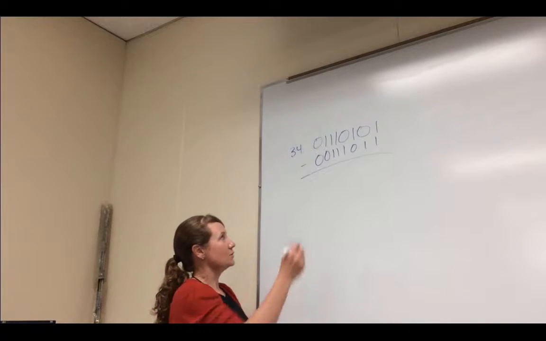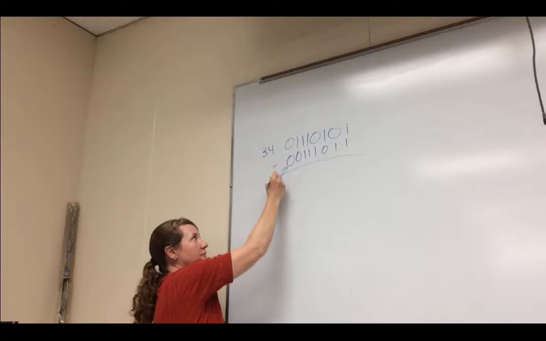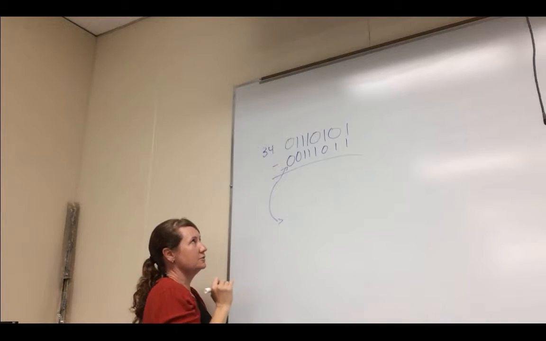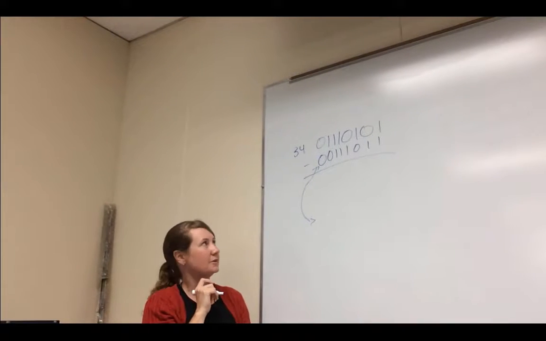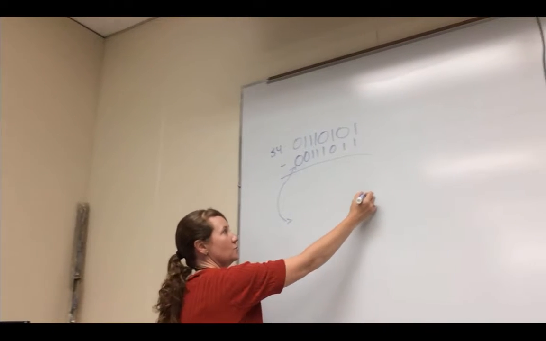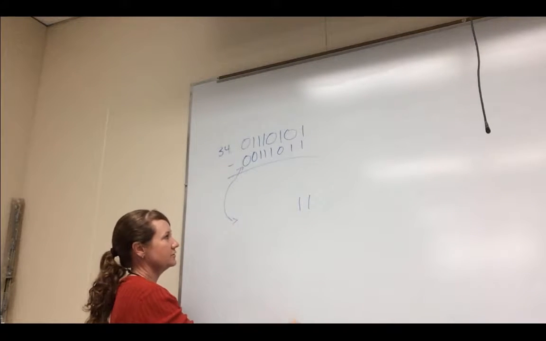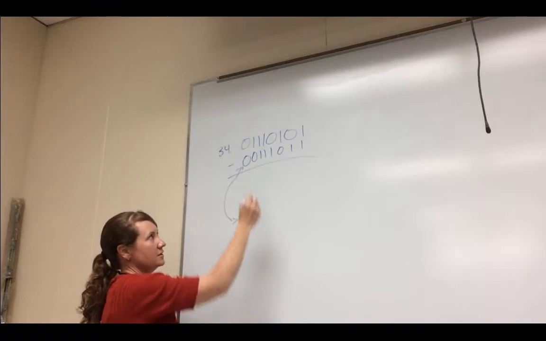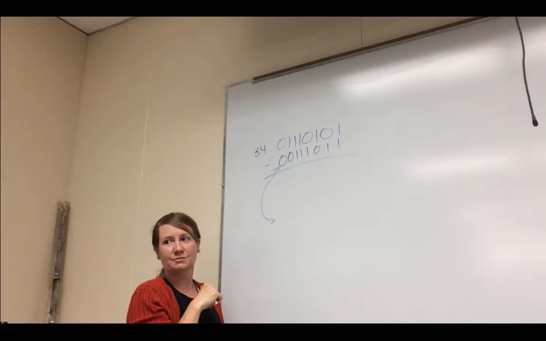So what we could do is take this number here and convert it to its 2's complement. I'll just convert it here. You just take all the zeros and turn them to ones and all the ones and turn them to zeros.